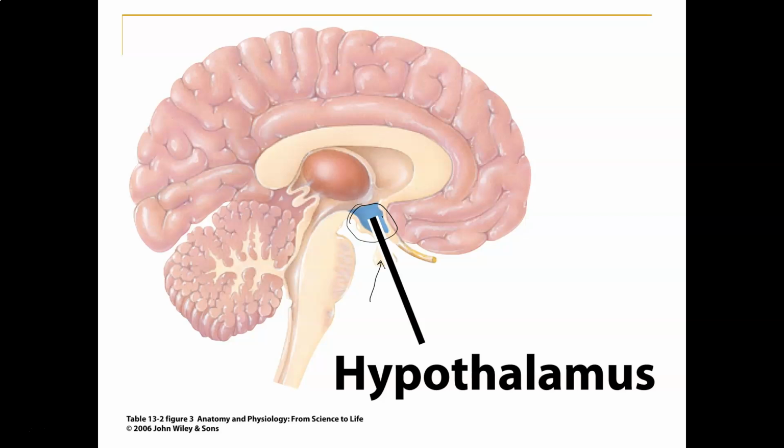So autonomic control means things like controlling heart rate or breathing rate or blood pressure, the internal environment in the body. So the hypothalamus is not your main autonomic control center. That's in the brainstem, but it does play a role. So those are some of the many functions of your hypothalamus.